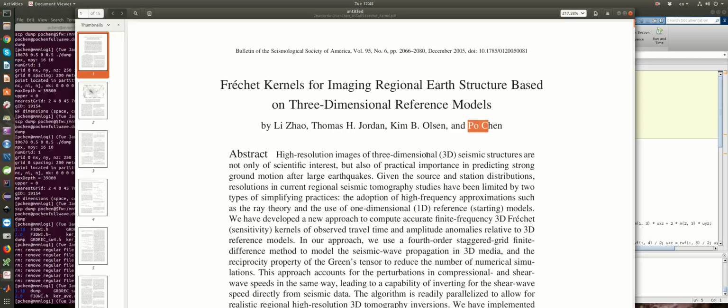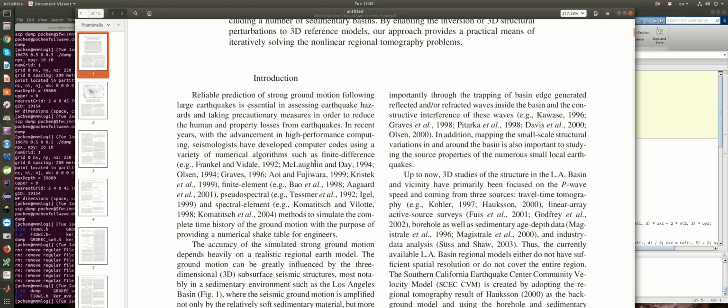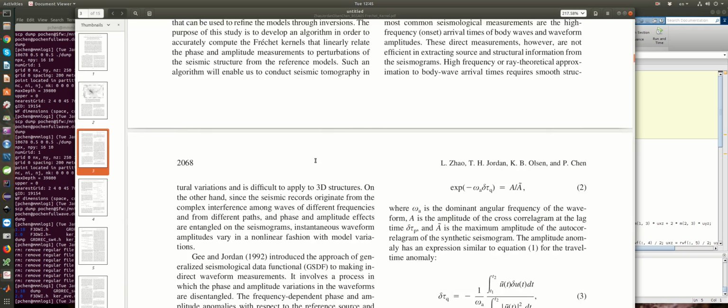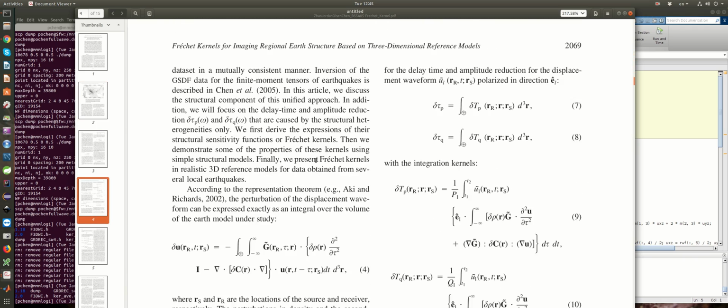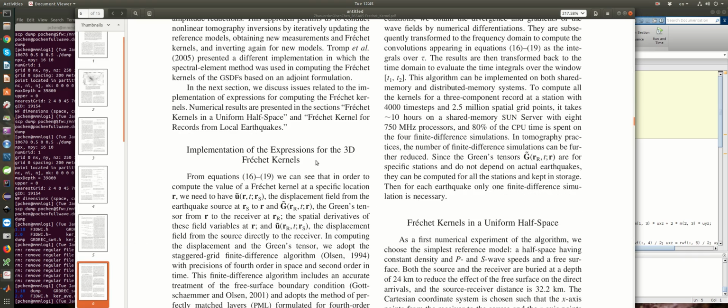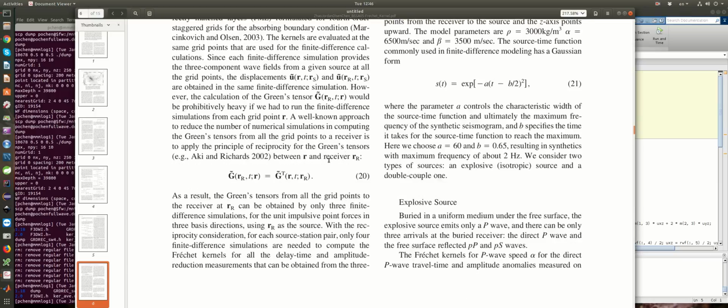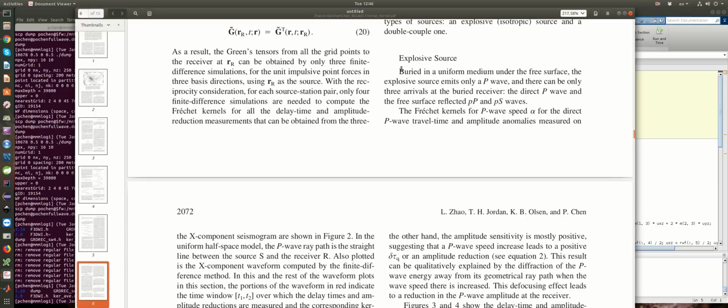I'm one of the co-authors, but Li actually did pretty much all the work. In his paper, he gave some canonical examples for us to check the validity of the kernel calculation. He did three examples, right?